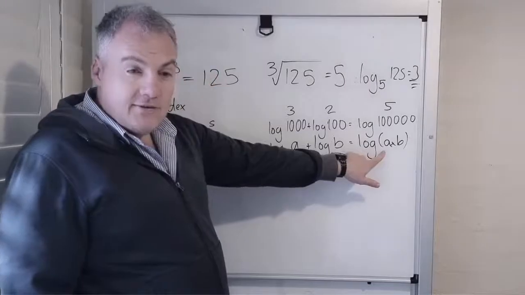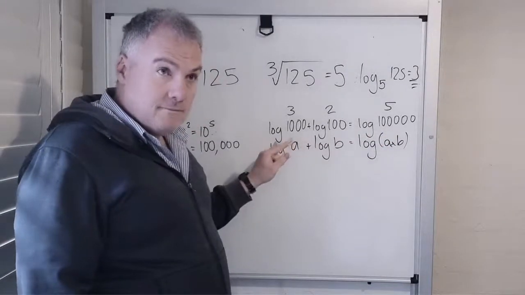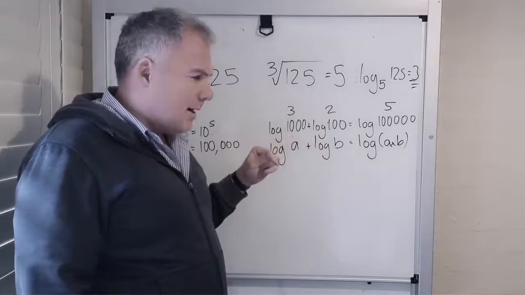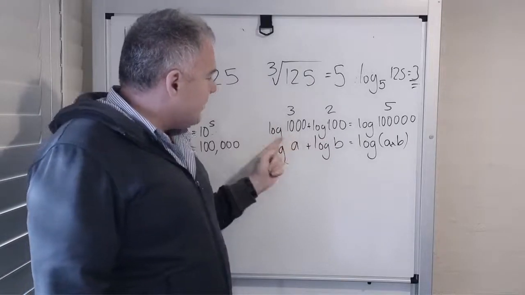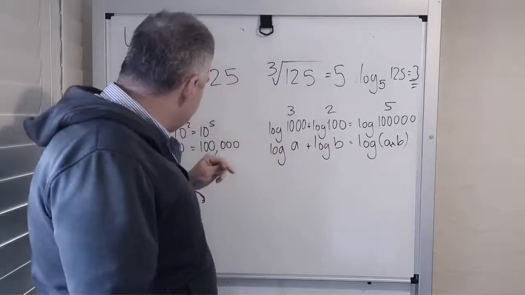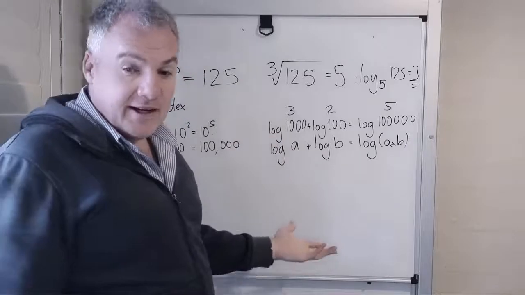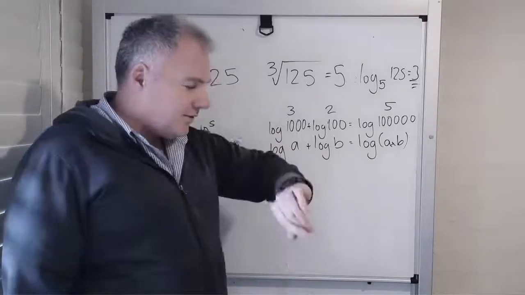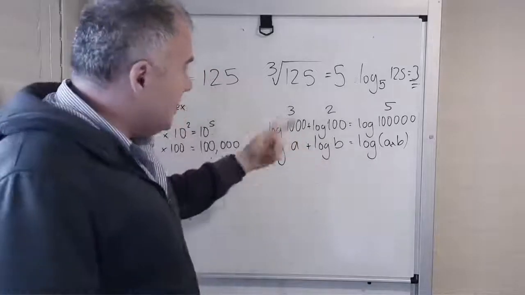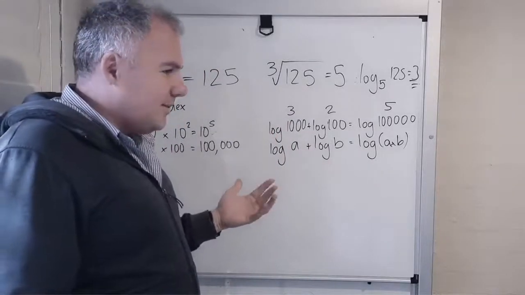The stuff in the brackets, if you times it together, you add the logs. Hopefully that's clear. Another thing I may have forgotten to mention is that when you don't write a base, you assume it's 10. This is an engineering thing. When there's no base on the logs, you assume that it's 10. Hopefully that made sense to people.